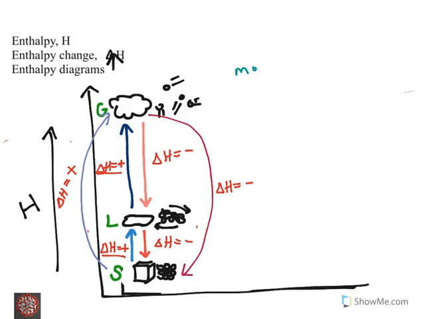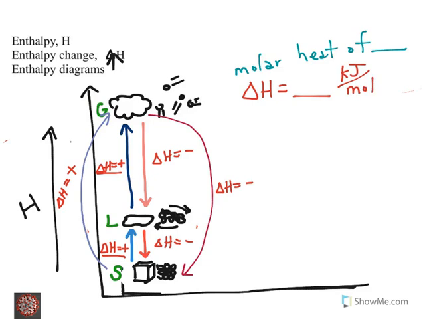If you looked in your definitions, you saw this: molar heat of, and then it was like something. And you had several of them, like 6 or 7 of them. So I'm going to go ahead and explain them right now. The molar heat of anything is the amount of heat exchanged for every 1 mole of that substance.